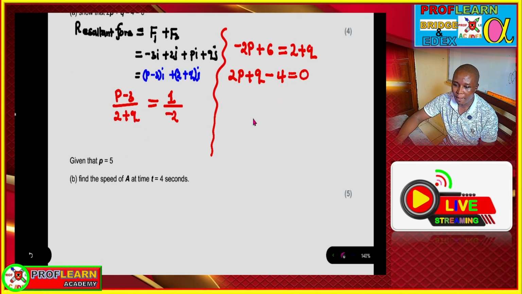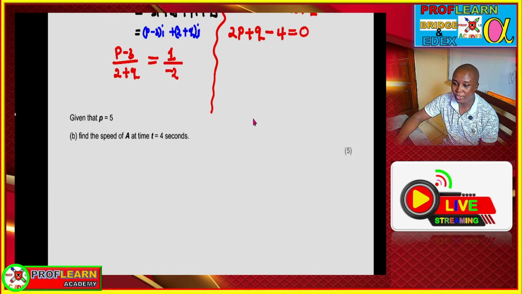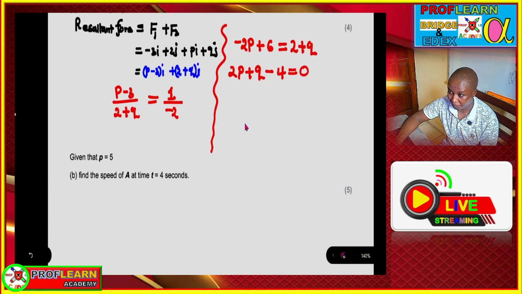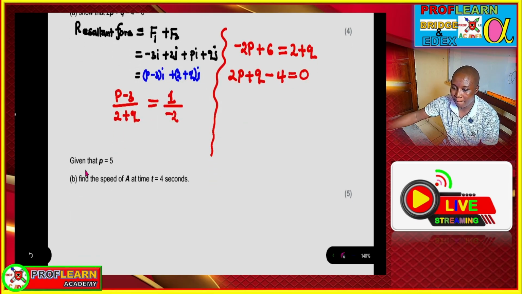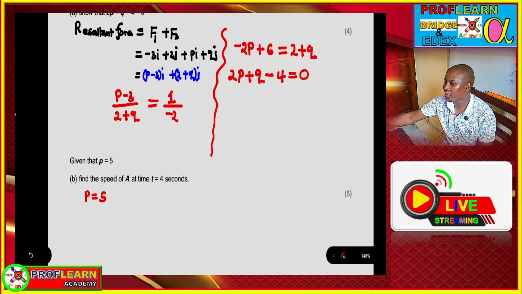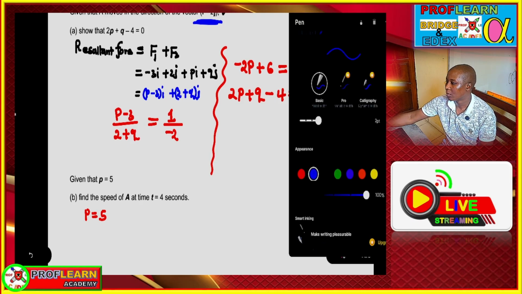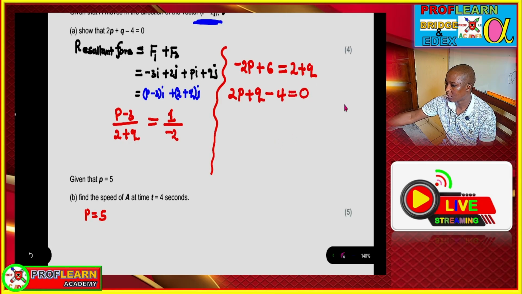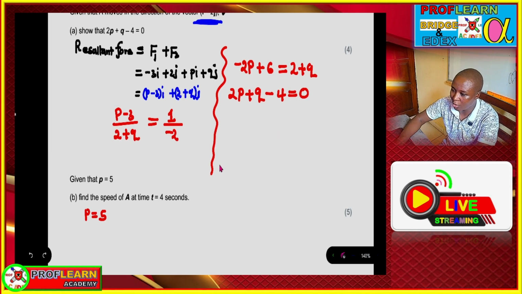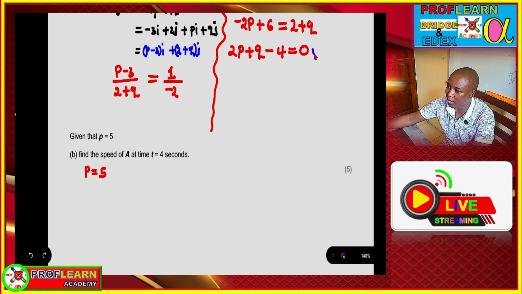Now, given that P is 5, find the speed of A at the time t is 4 seconds. So if P is 5, we can find Q using this equation that we have here.